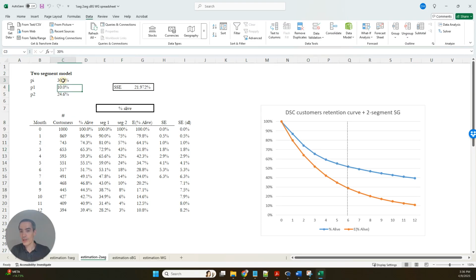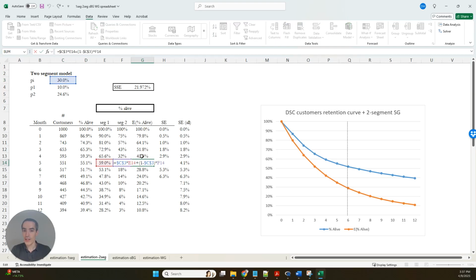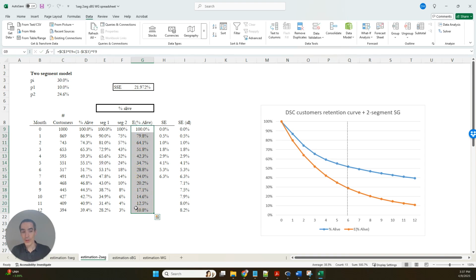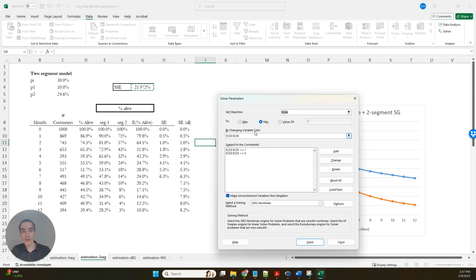And if I knew those, and I knew the mix of customers that would get P1 versus P2, then the expected cohort-level survival curve would be just a weighted average of these two segment-specific survival curves. So this is my new expected percent alive that I then compare to the actual retention data, and I'm just going to do the same thing as before.